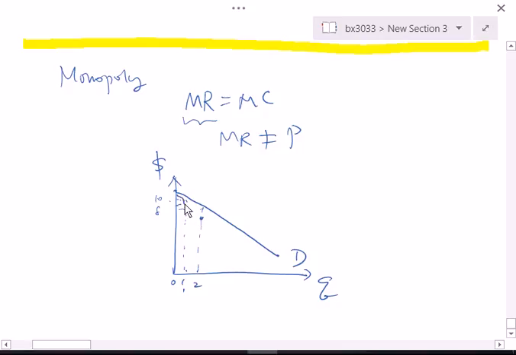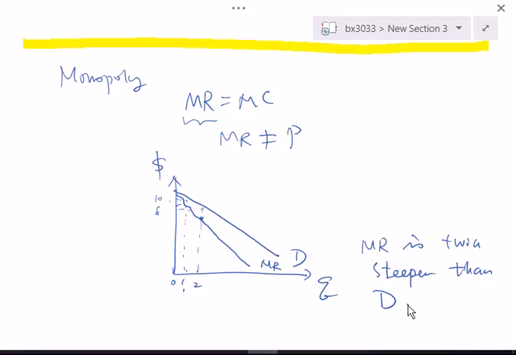So the marginal revenue curve should be steeper than the demand curve, or more rigorously, marginal revenue is twice as steep as the demand curve. You can prove this point rigorously, but we won't do that.